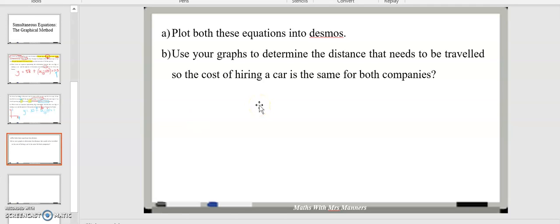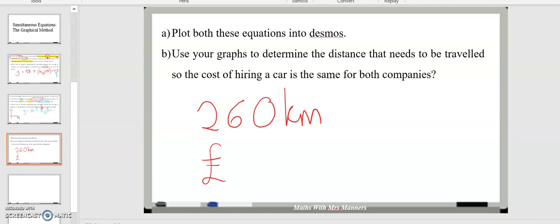Use your graphs to determine the distance that needs to be traveled so the cost of hiring a car is the same for both companies. Well, we saw that that distance was 260 kilometers. We could also ask you, well, what is that cost that you then incur? And that was 46 euros to travel with both of those companies. So you pay the same amount.